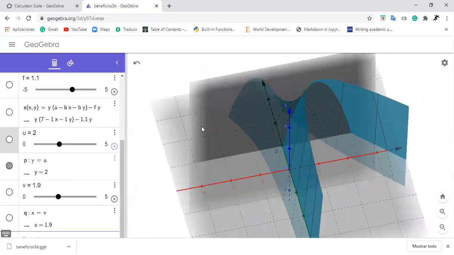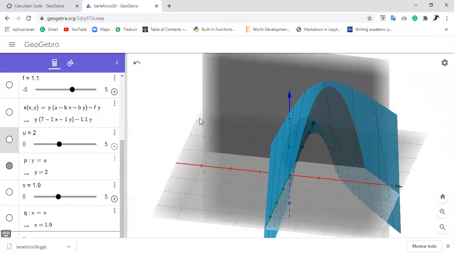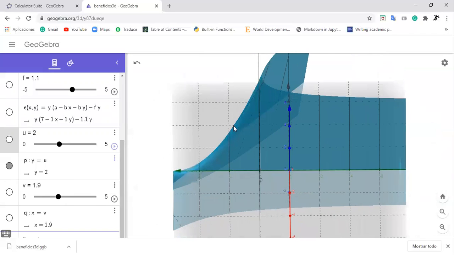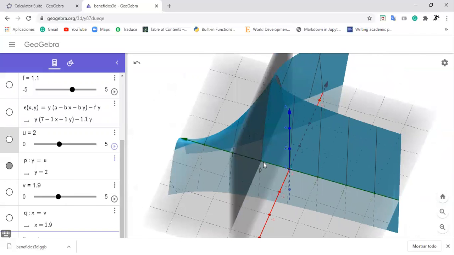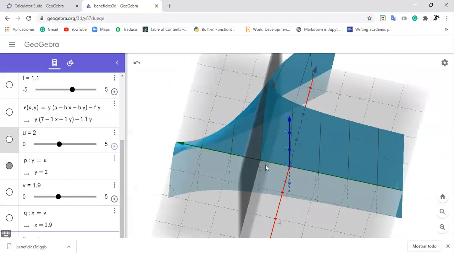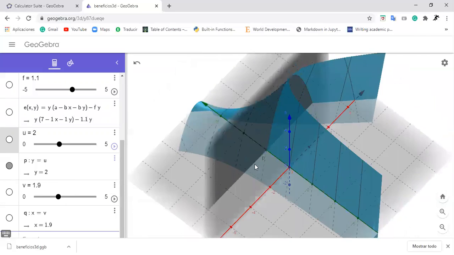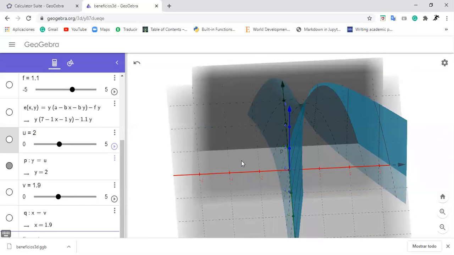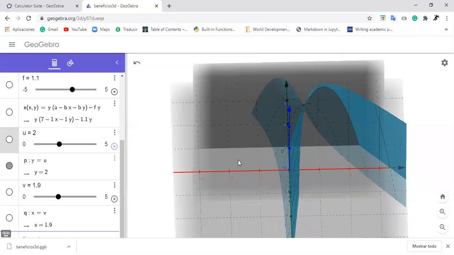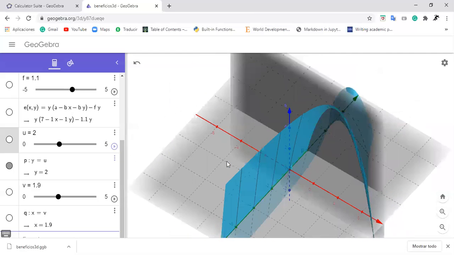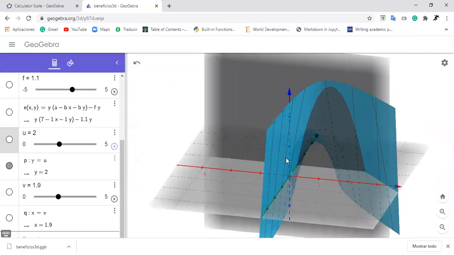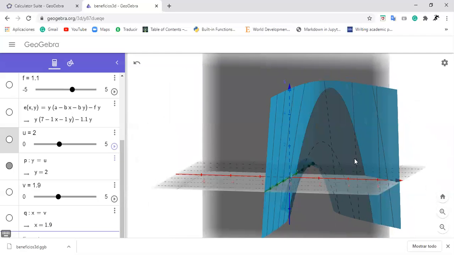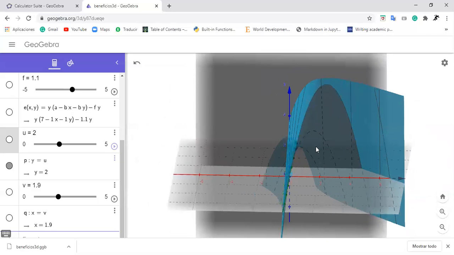So we are going to obtain a parabola when firm number 2 is fixing the amount produced at some quantity level. Here that level was 2. So if firm number 2 is producing 2 units, that means graphically that we are slicing this surface, and then we have this parabola, okay?